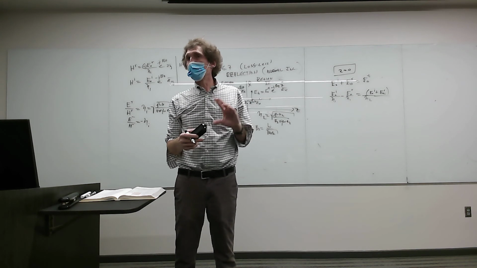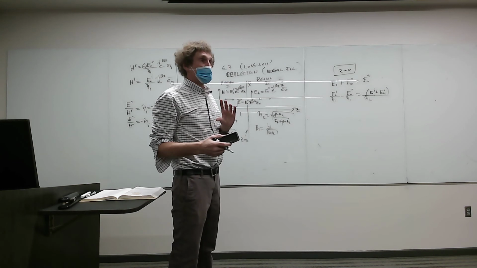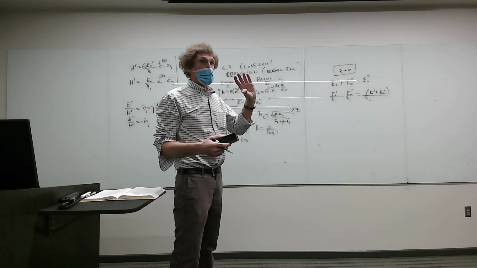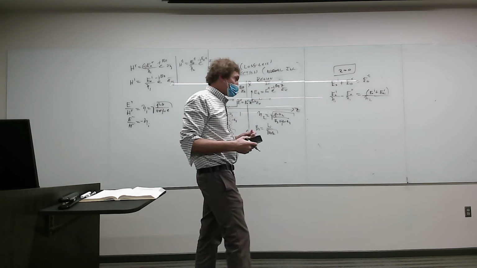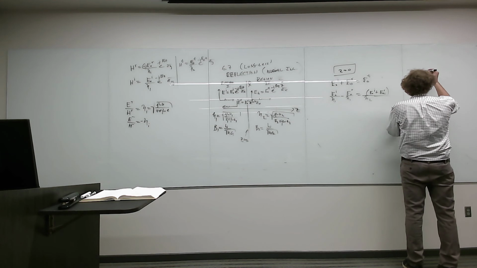Now, what I'm really interested in is the ratio of the reflected to the incident electric field. Got it? The ratio of the reflected to the incident electric field. And I'm even going to give it a name. That's called the reflection coefficient.